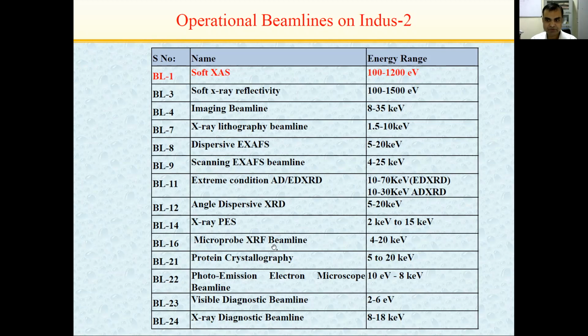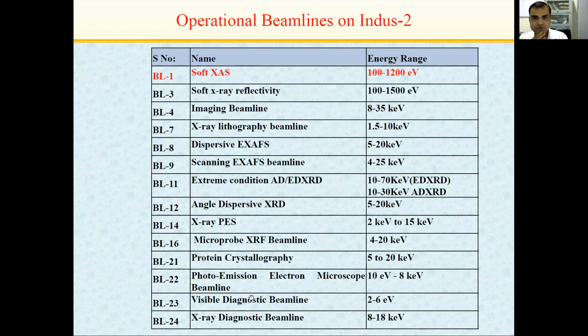X-ray photoelectron spectroscopy in the energy range of 2 kilo electron volts to 15 kilo electron volt. Microprobe X-ray fluorescence beamline, protein crystallography for biological samples, photoemission electron microscopy beamline, then visible diagnostic beamline and X-ray diagnostic beamline. So a wide range of experimental tools are available as far as research is concerned for different set of materials.